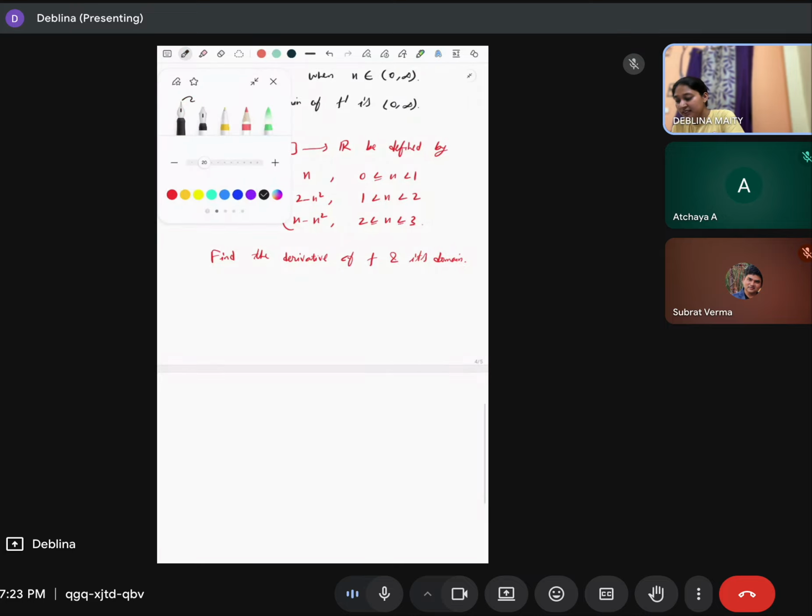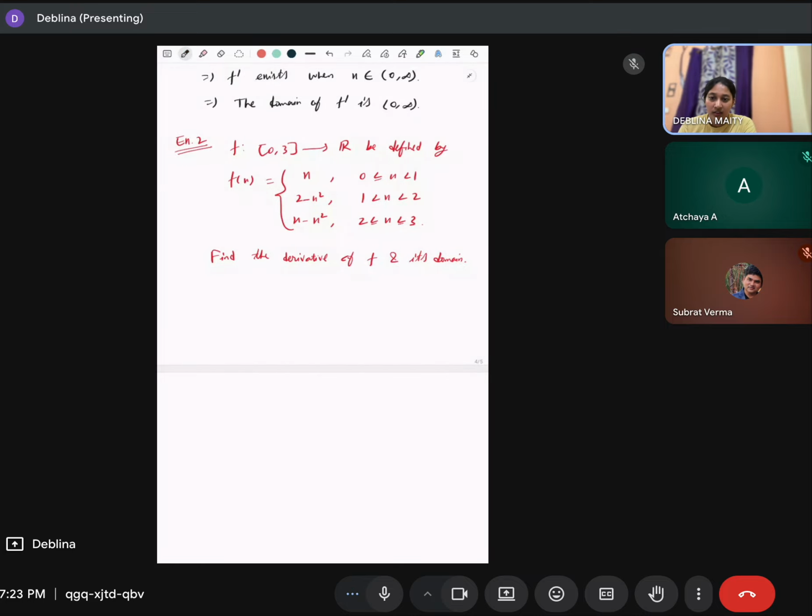So first we will see if it is continuous or not. If it is not continuous, then it can never be differentiable, right? Because differentiable implies continuity. So between 0 to 1 it is x, so it is continuous, and between 1 to 2 it is 2 minus x square, a polynomial, so it is also continuous.